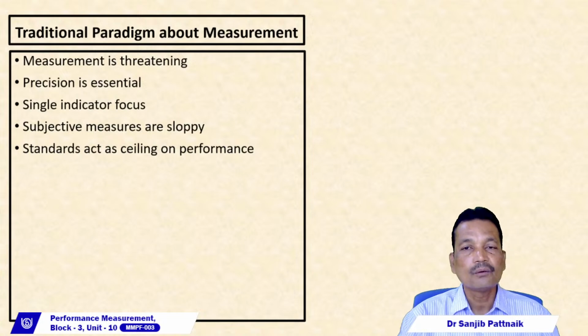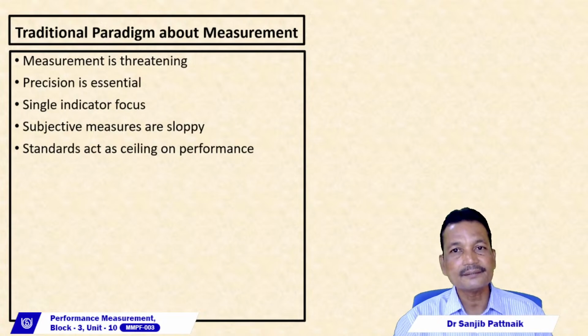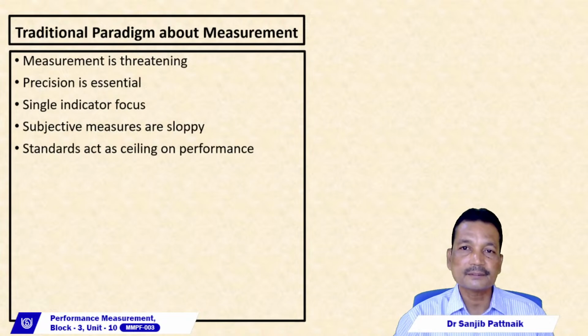That means whatever outputs we are generating from the given activity or activities, precision is of utmost importance. When we say precision, it means it should be according to the required specifications. There cannot be any deviations regarding the various outputs of the activity or activities.